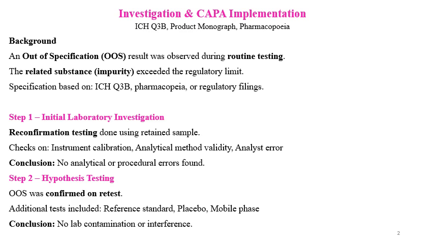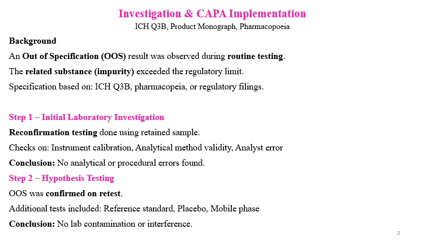Then the second step is the hypothesis testing. OOS was confirmed on retesting. Additional tests included the reference standard, placebo, mobile phase, and the conclusion is no lab contamination or interference. See, whenever the out of specification is investigated, it is investigated very thoroughly and in a step-by-step way.